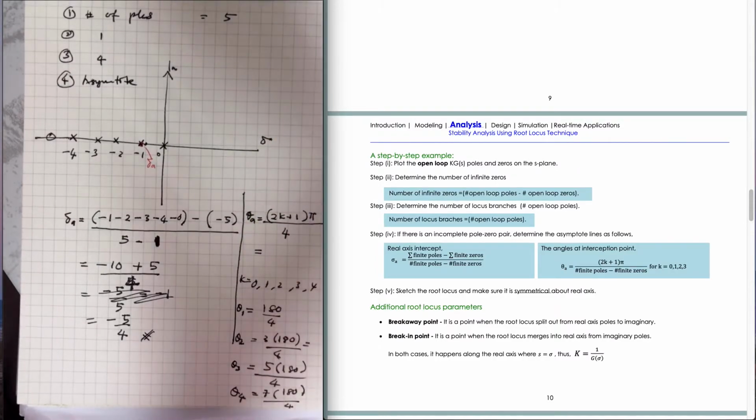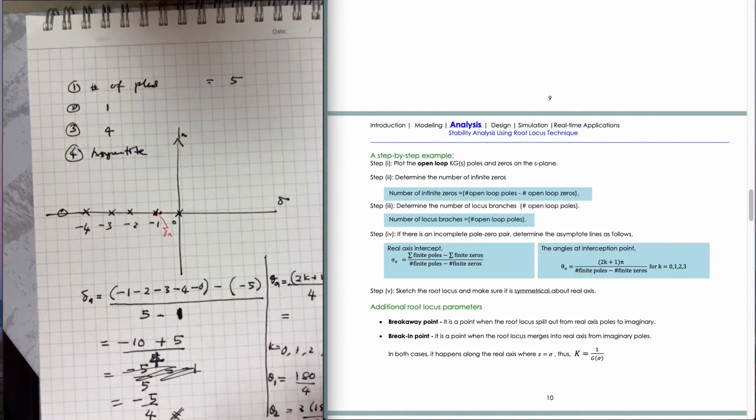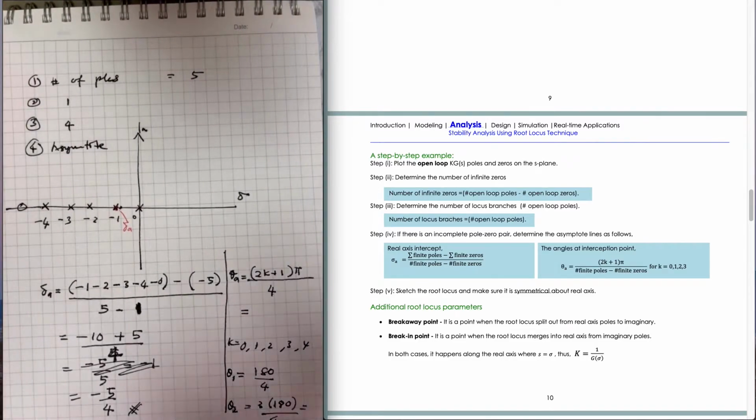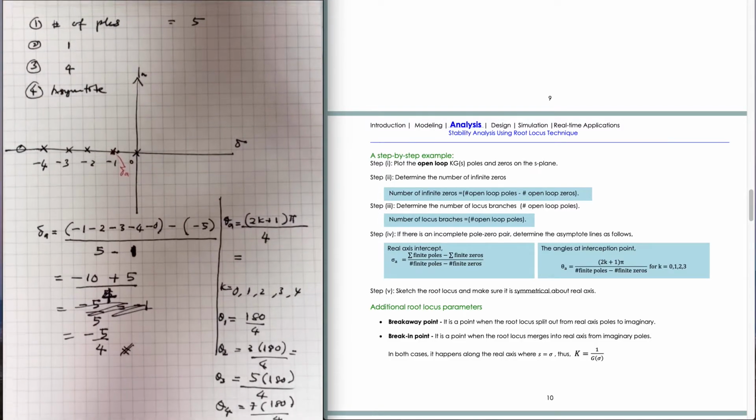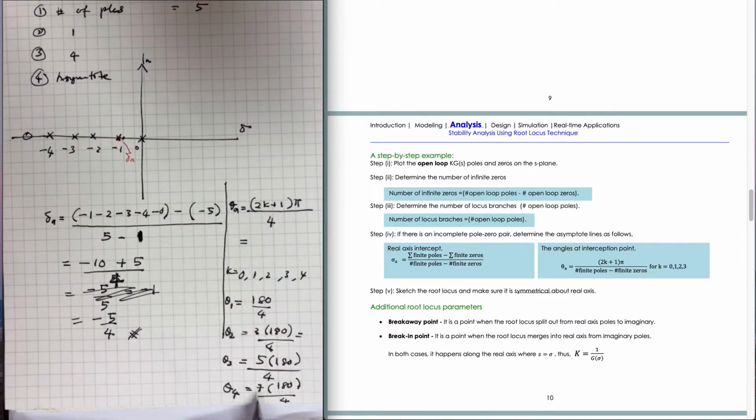So what is its angle? Theta 1, from this calculation here.